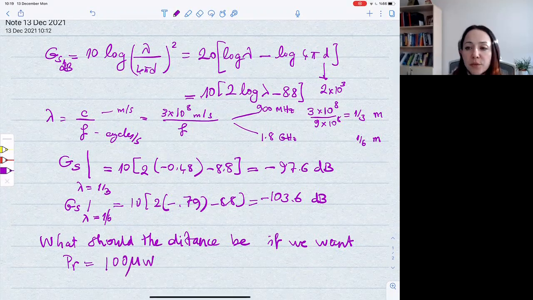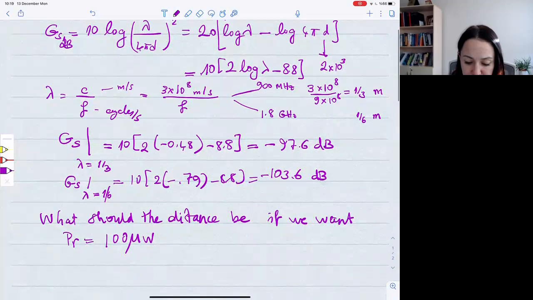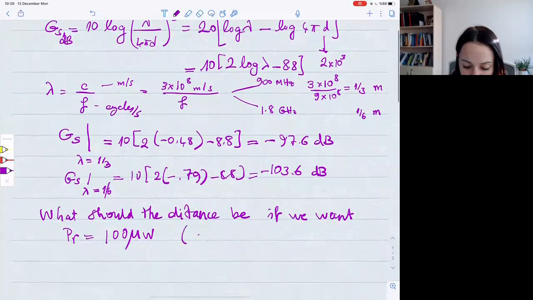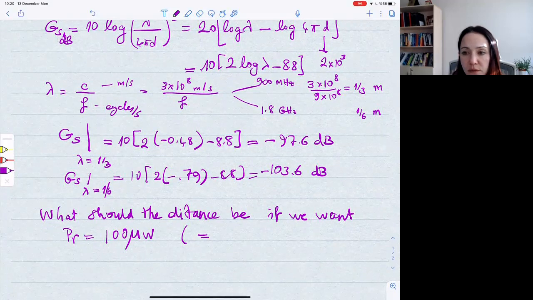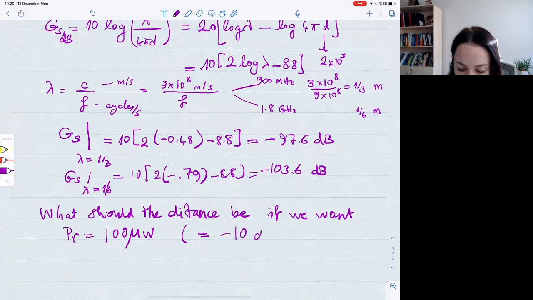What is 100 microwatt in dBm? 0.1 milliwatt. Okay, so negative 10 dBm.